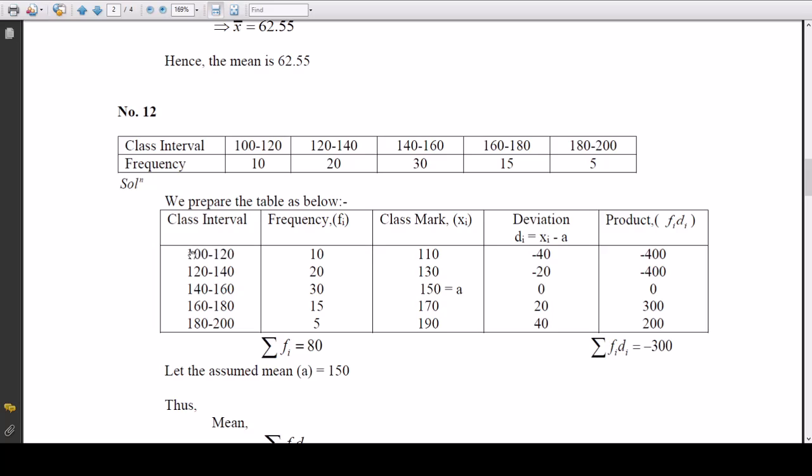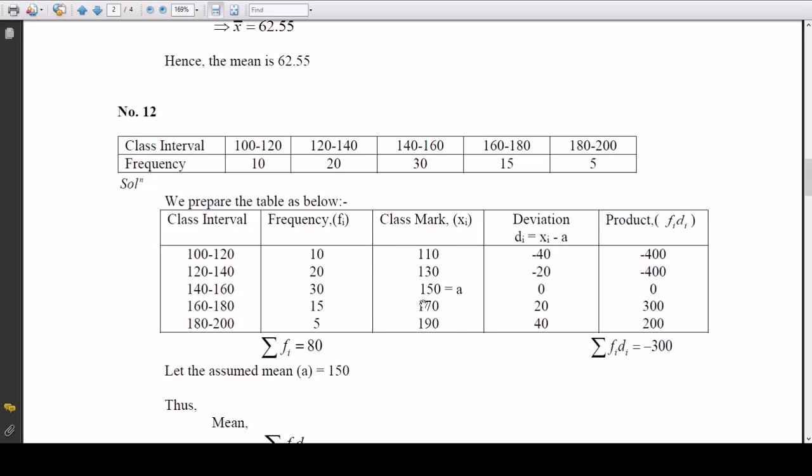It will be 110. 120 to 140, 130 will be the mid value. 140 to 160, 150 will be the mid value. 160 to 180, 170, and 180 to 200, it will be 190.